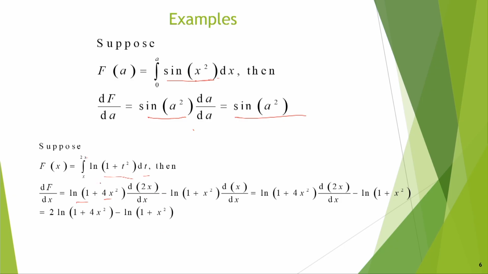Then minus the lower limit: minus ln(1 plus x square), in place of t I put x, and then dx/dx. So, this becomes 2 ln(1 plus 4x square) minus ln(1 plus x square).